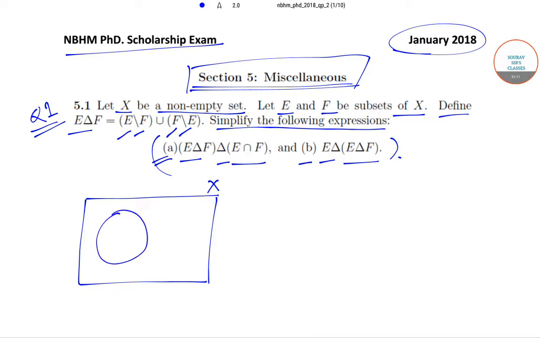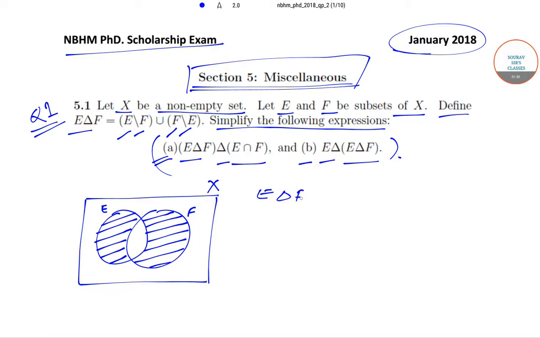Now if this is the set E and this is the set F, E delta F is equal to the set of elements which are in E but not in F, union the set of elements which are in F but not in E. So you can see that this shaded portion is the area which is defined by E delta F.